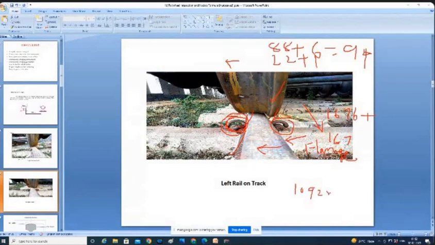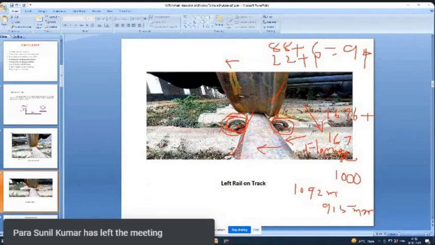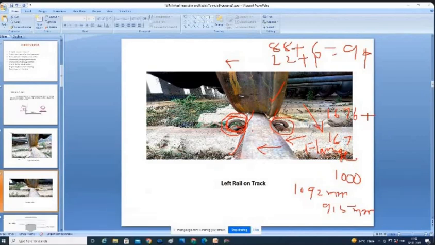For example, in the case of a coaching stock, 915 mm. In the case of a wagon, 1000 mm, the new diameter. So based on the diameter, the places may change, but hitting is compulsory. Flange force is a common phenomenon, so the track has to tolerate it.